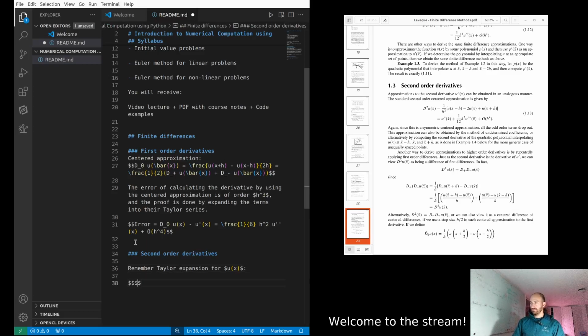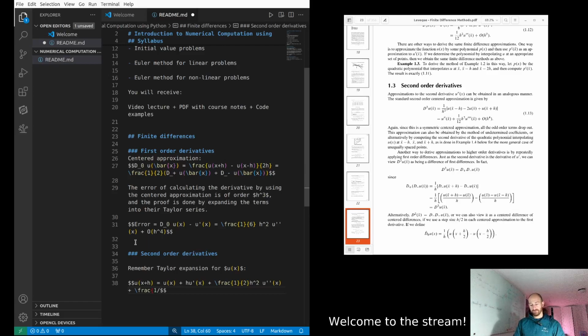So how does that look like? So u of x plus h is equal to u of x plus h times u prime of x plus h squared divided by 2 times u double prime at the point x plus, and then there's another fraction of 1 over, is it 3 factorial?